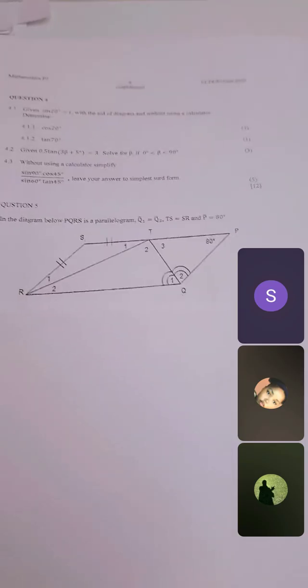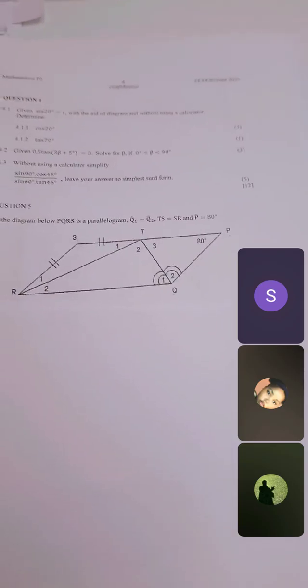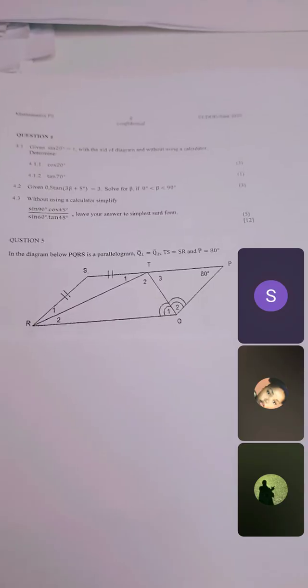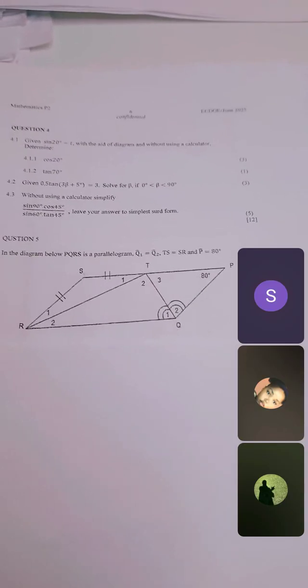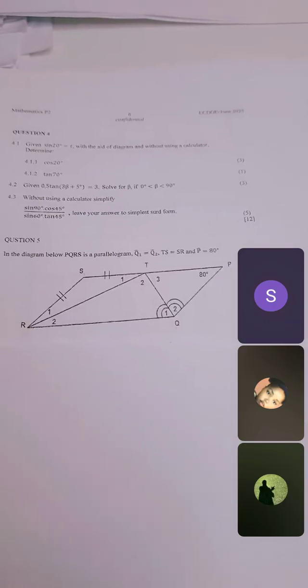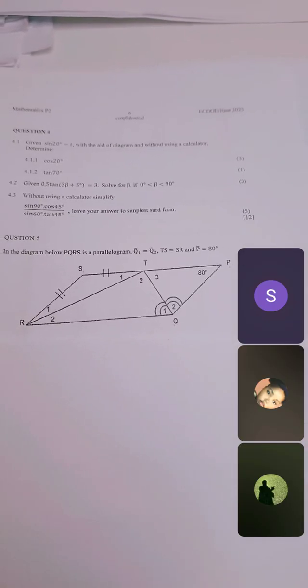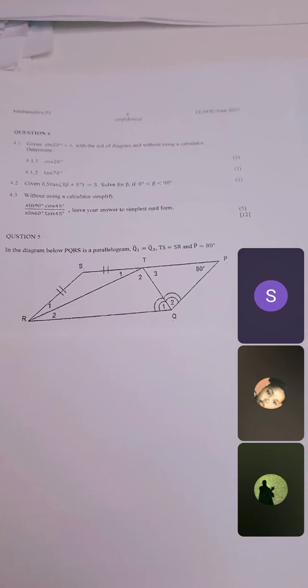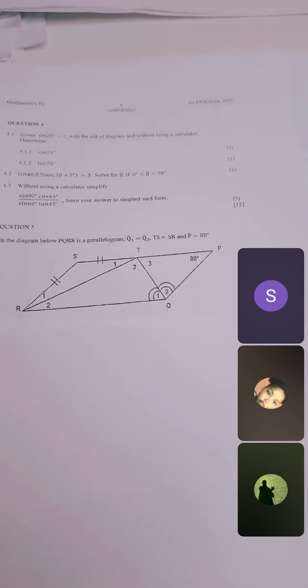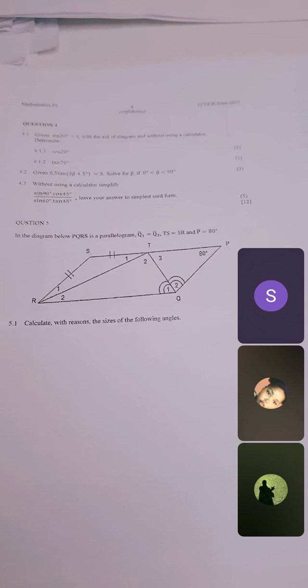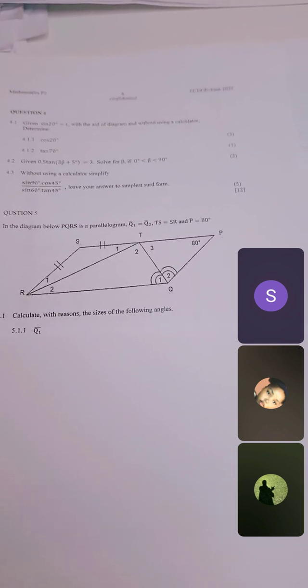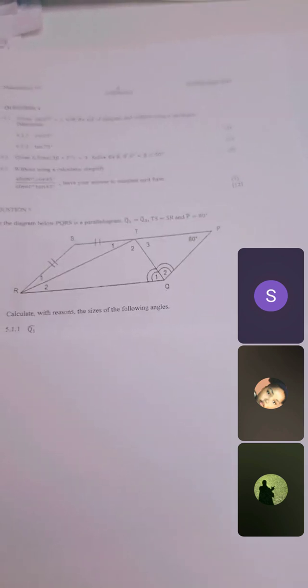Let's clear it up like this. It's very clear now. The question is, calculate with reasons the size of angle Q1.